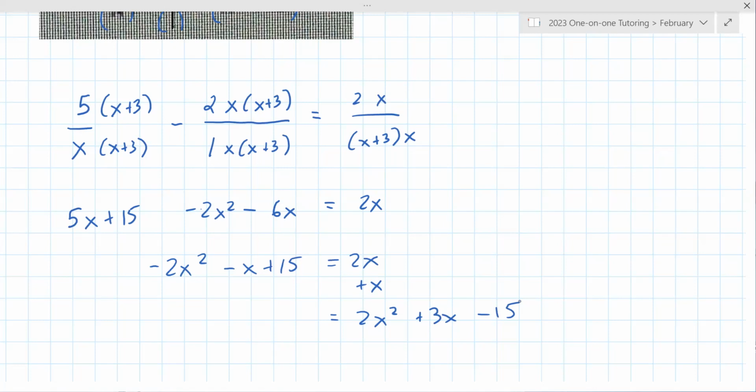Yeah, so try factoring this one on your own. See if you can. So this one there's no GCF, so you have to multiply the 2x to the negative 15, just like we did up above. It's a grouping problem. So what multiplies to negative 30 that adds to 3?